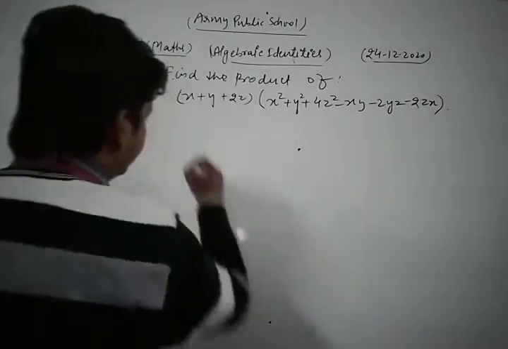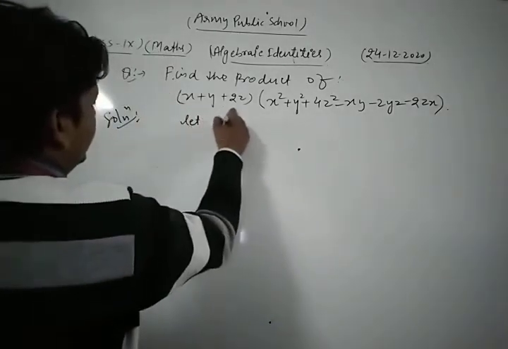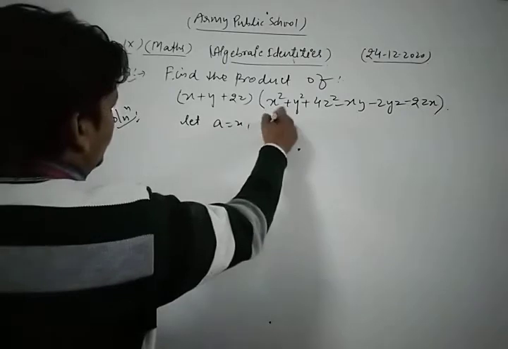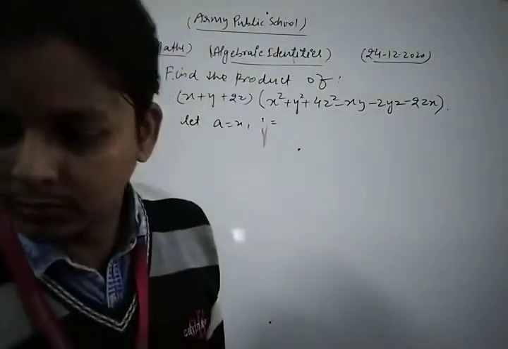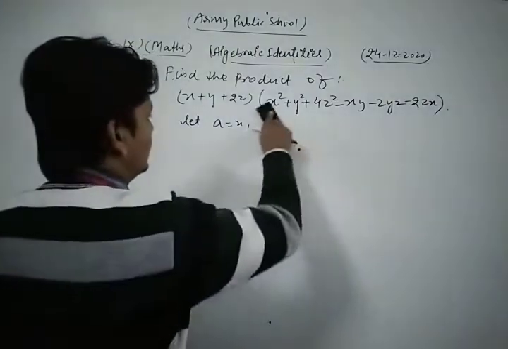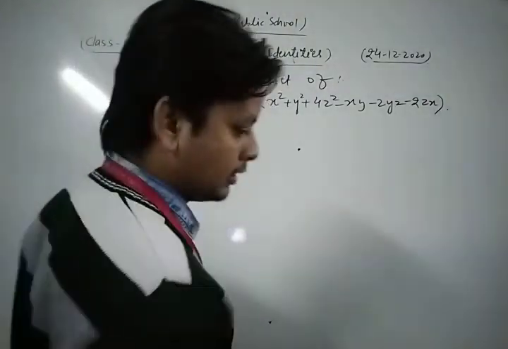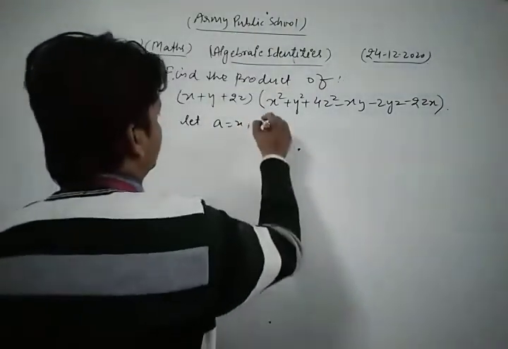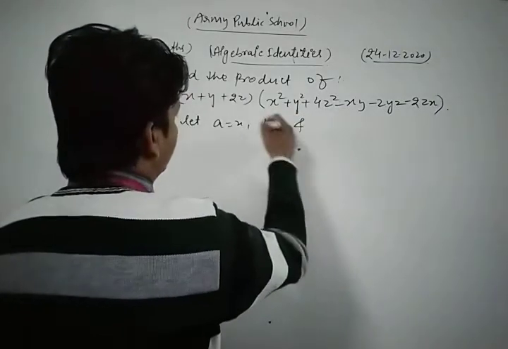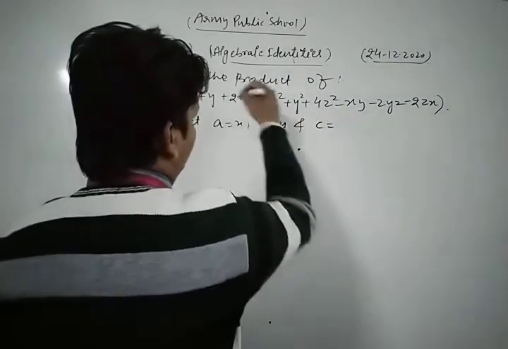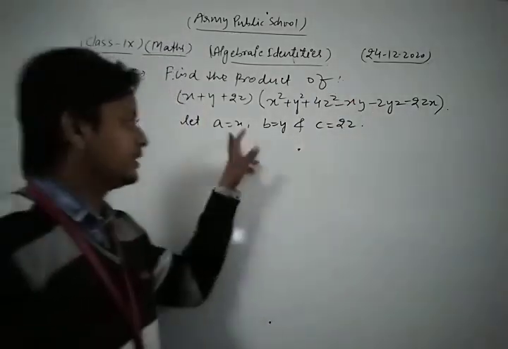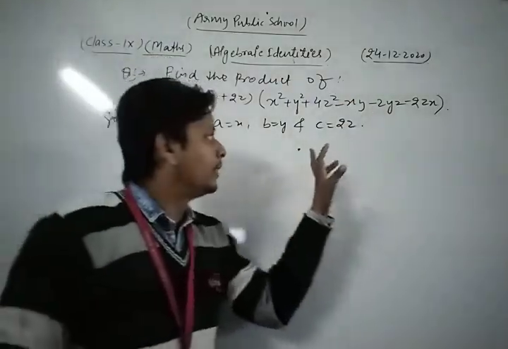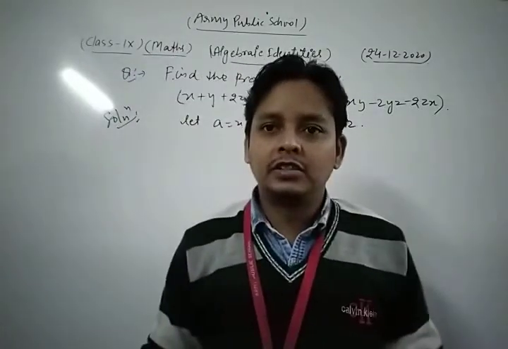Here, first of all, let a be equal to x, b be equal to y, and c be equal to 2z.